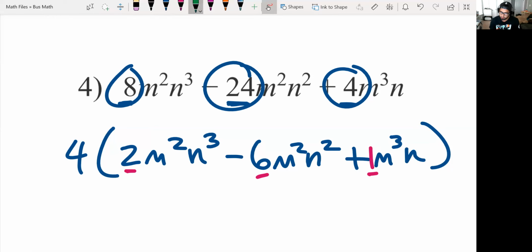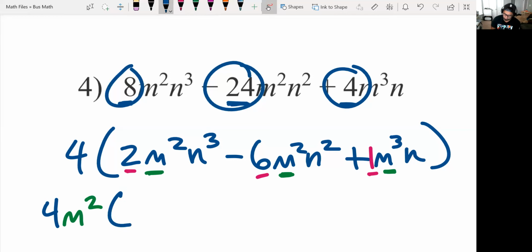All right. So look at your m's. You have m squared and m cubed. Remember, when you're factoring variables out, you want to take the one with the lowest power. So if you have m squareds and m cubes, we're going to take out an m squared. So I'll have 4, and I'll take out that factor of m squared, rewrite my parentheses, so that m squared now joins the 4.